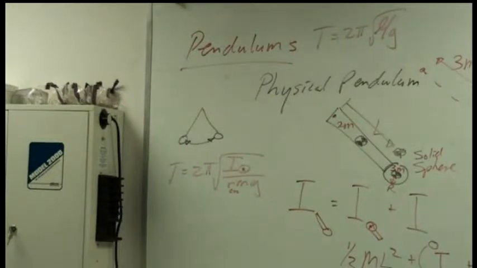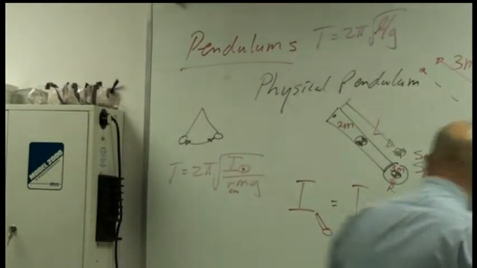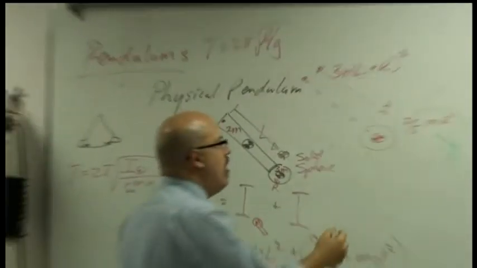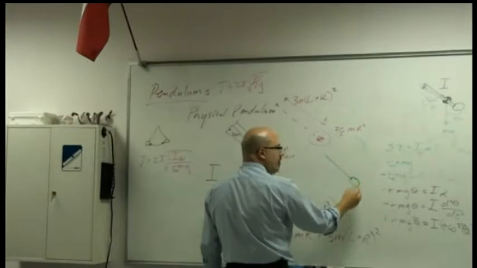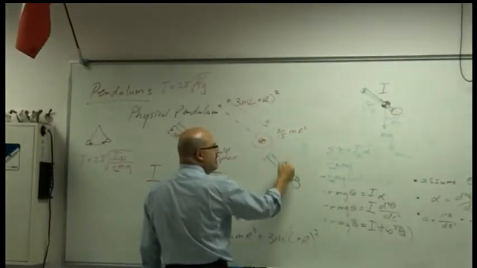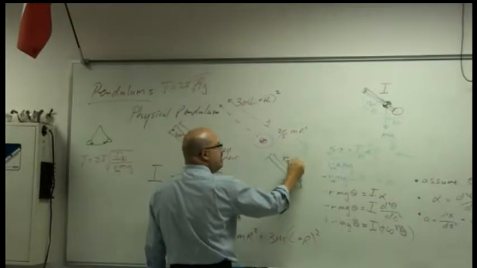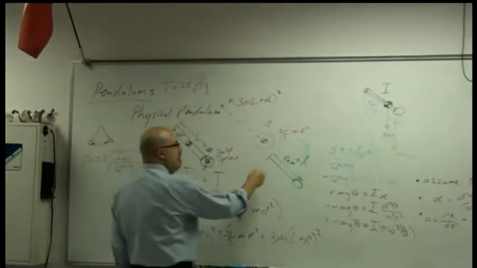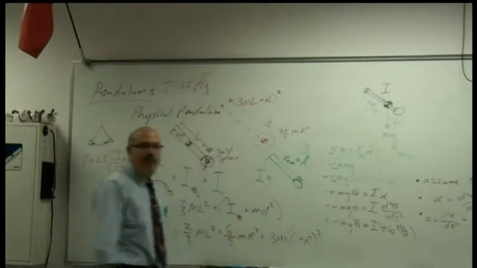Okay, now let's do what we call an idiot check. If we go back to a simple pendulum, does this work? Here's our simple pendulum. The distance to the center of mass is L, the length of the pendulum. And what's the moment of inertia of a simple pendulum?